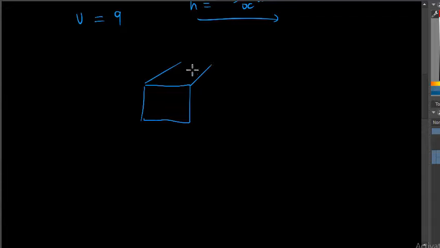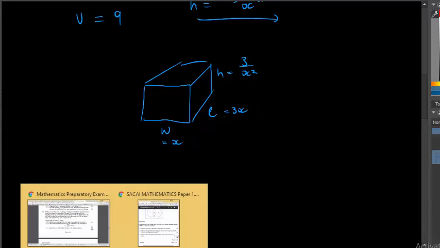I should have in the first place already drawn a picture, but there's my picture, and so I know the width and the length and the height. So the width being x, the length being 3x, and now I know that the height is 3 over x squared. Did the question give that to me?